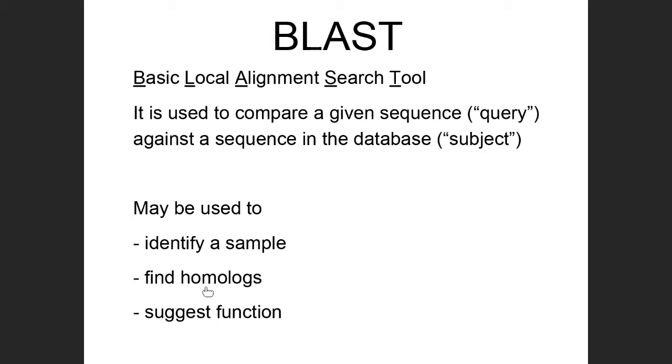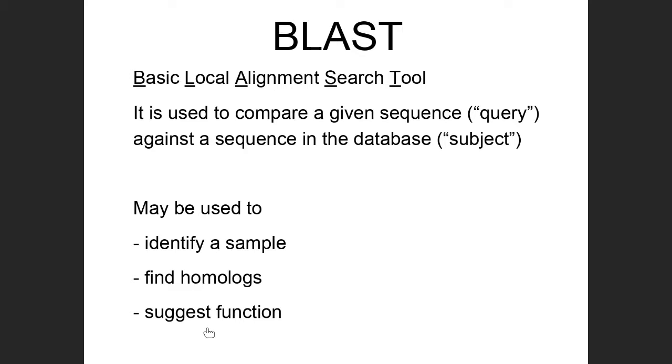So for example, maybe you have a gene from strawberry, my favorite thing, and you want to see, do other organisms also have this gene? If I'm looking for other organisms, then I'm looking for orthologs. Maybe I want to know, is there a copy of this gene in strawberry? Then I'm looking for paralogs. But anyway, we can use BLAST to find homologs.